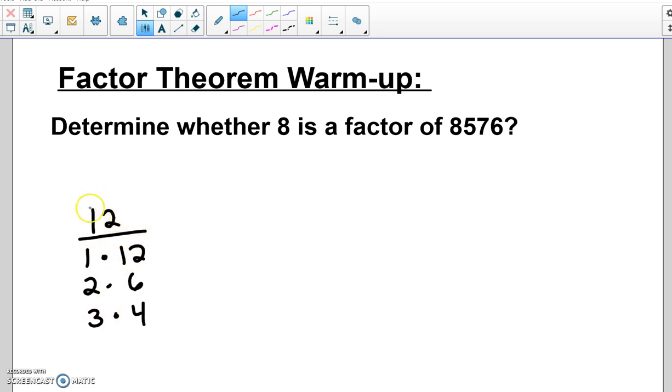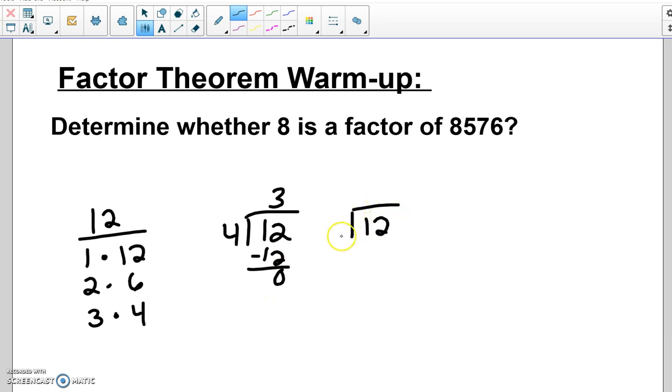So if I want to take the big number, 12, and divide it by, say, 4, I'm going to get the answer 3, right? Because 4 is a factor. It's going to go in evenly, with no remainder. If I do it again, let's say this time I divide by 6. Well, 6 is a factor of 12, so it's going to go in evenly 2 times, and what do you know, there's no remainder.